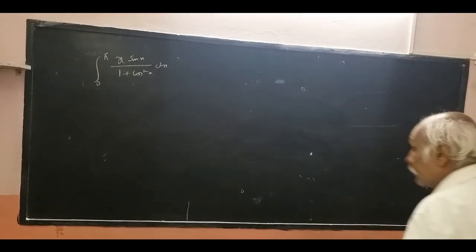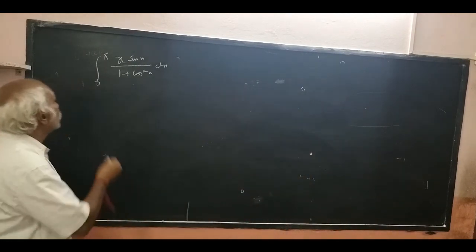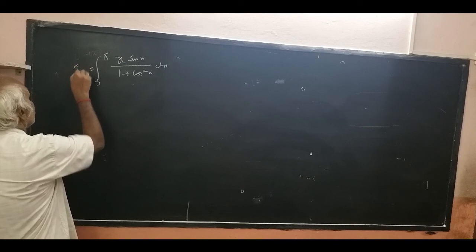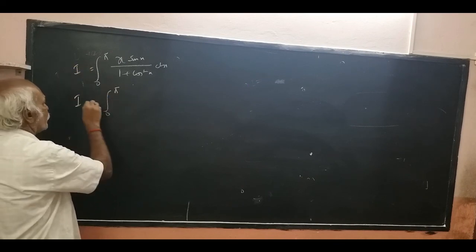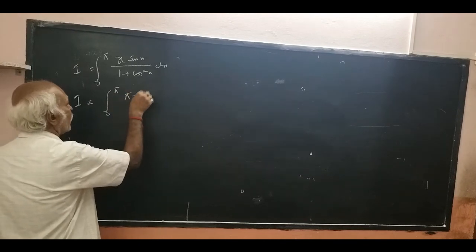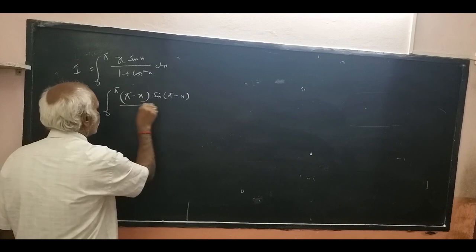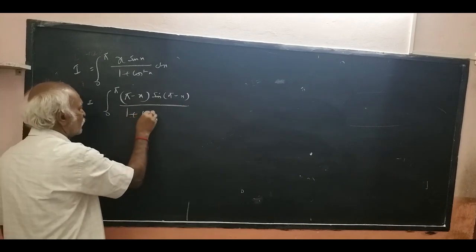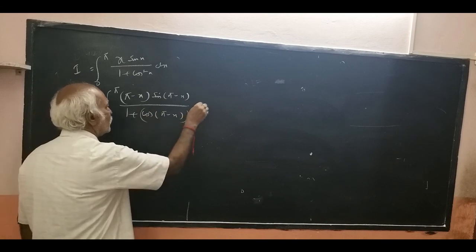Okay. x sin x by 1 plus cos square x. Put I. Again, I is equal to 0 to pi, pi minus x into sin of pi minus x by 1 plus cos of pi minus x whole square dx.